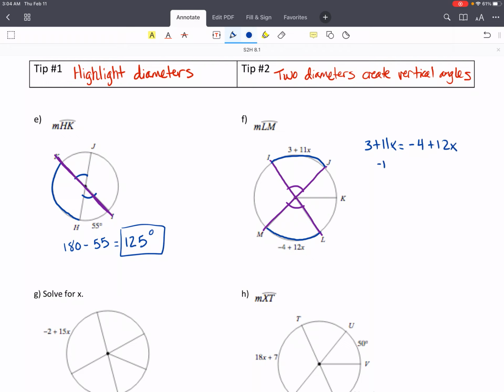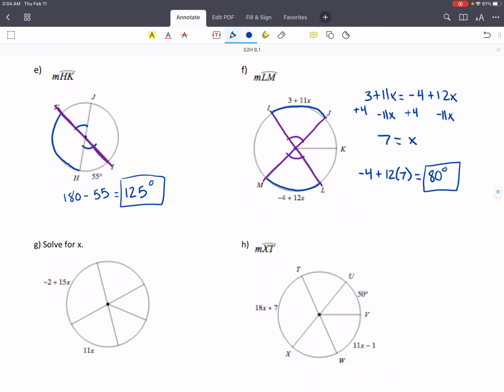And now I just get x by itself. Woohoo! X equals 7. Now I can plug that in. Look at us, we are so good at math.